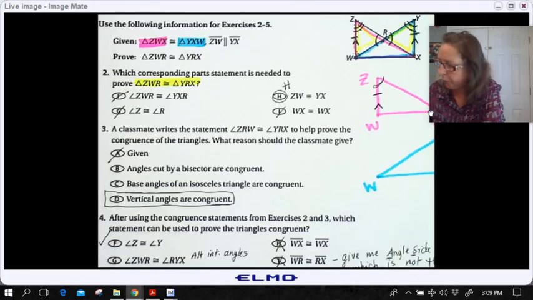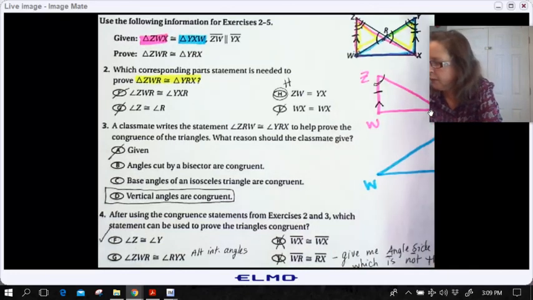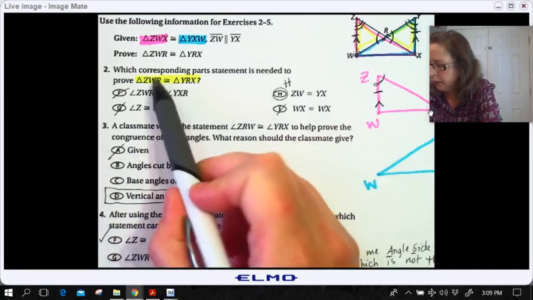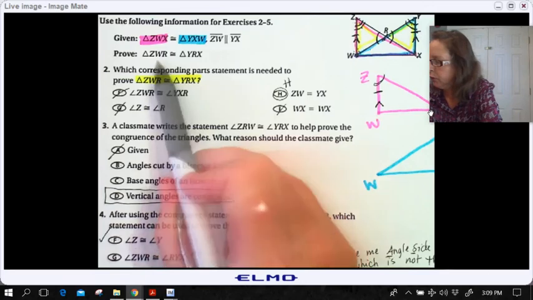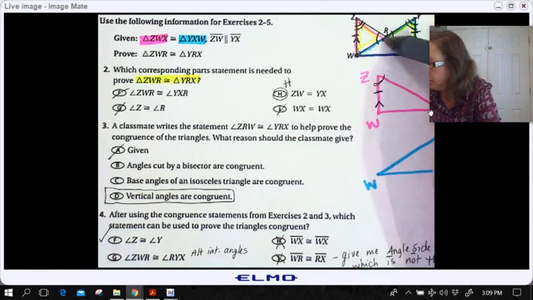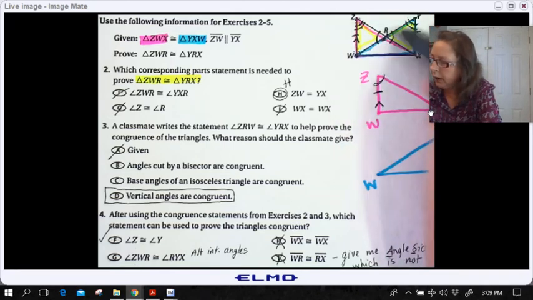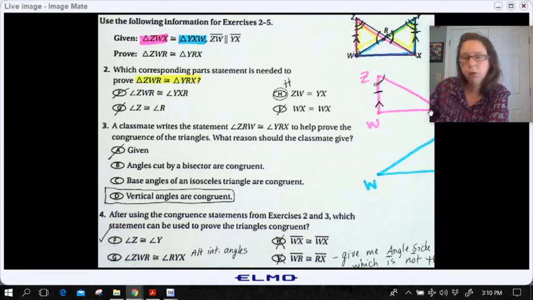But if they want us to prove specifically the two triangles that they're giving us, which is ZWR and YRX, then this R here, these need to be congruent to each other.